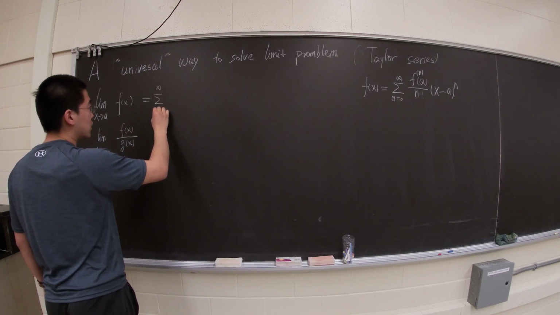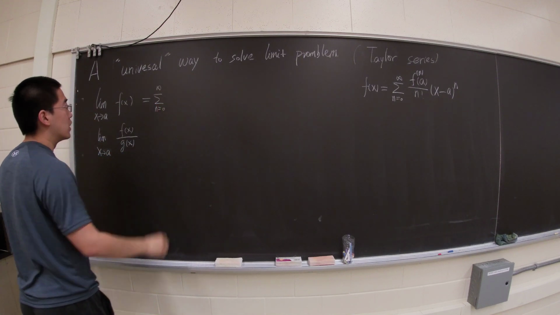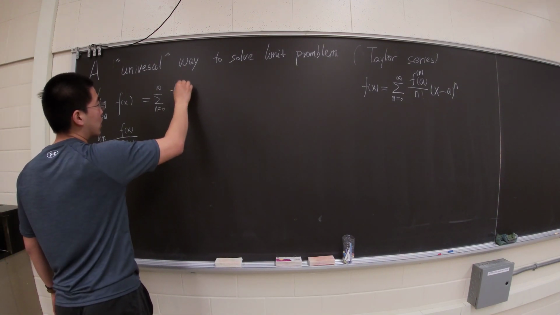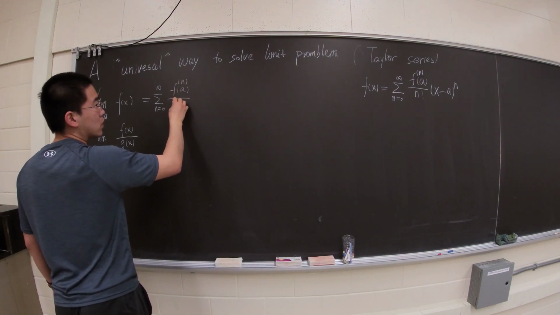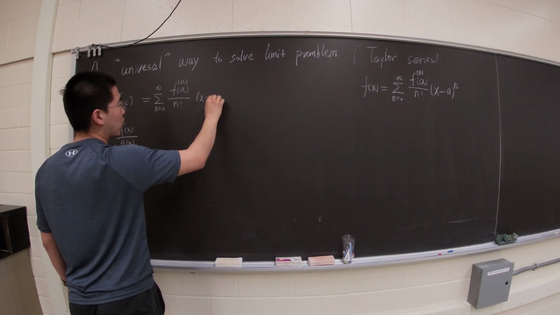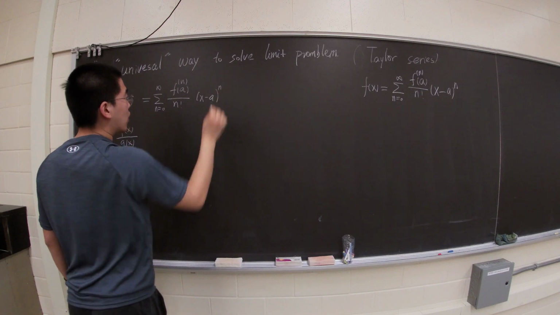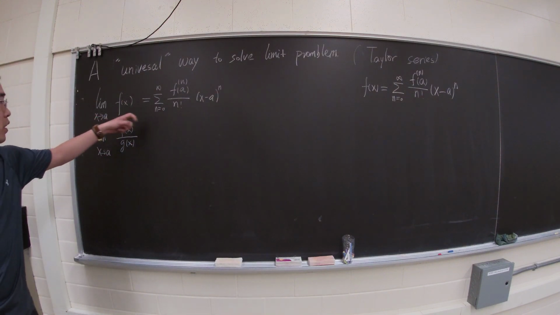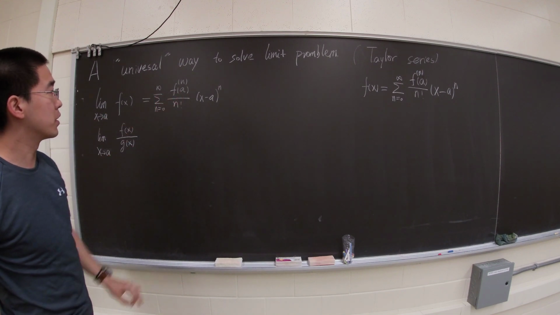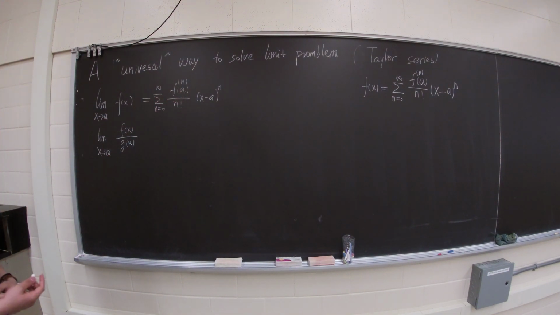We could potentially write this in terms of a derivative. And since we're doing the limit of x to a, we might as well do the derivative at point a.